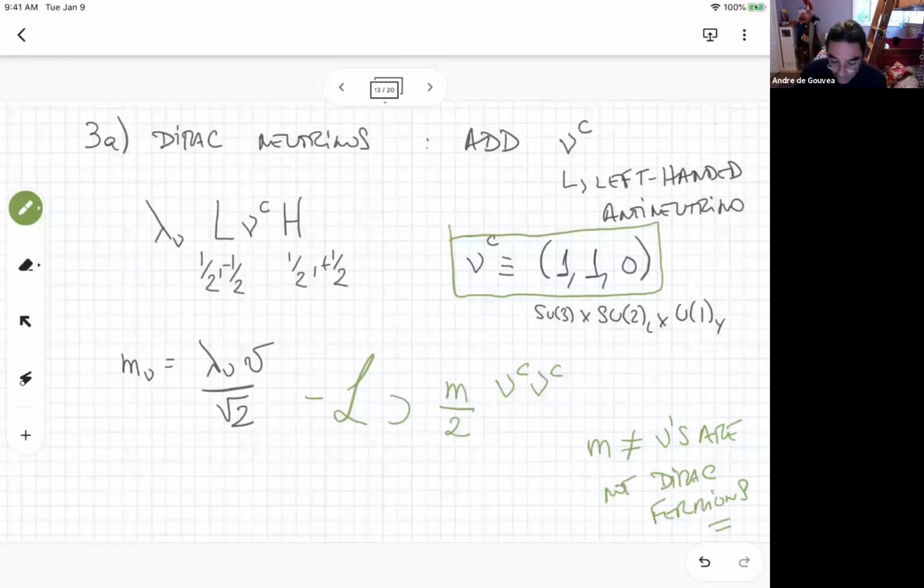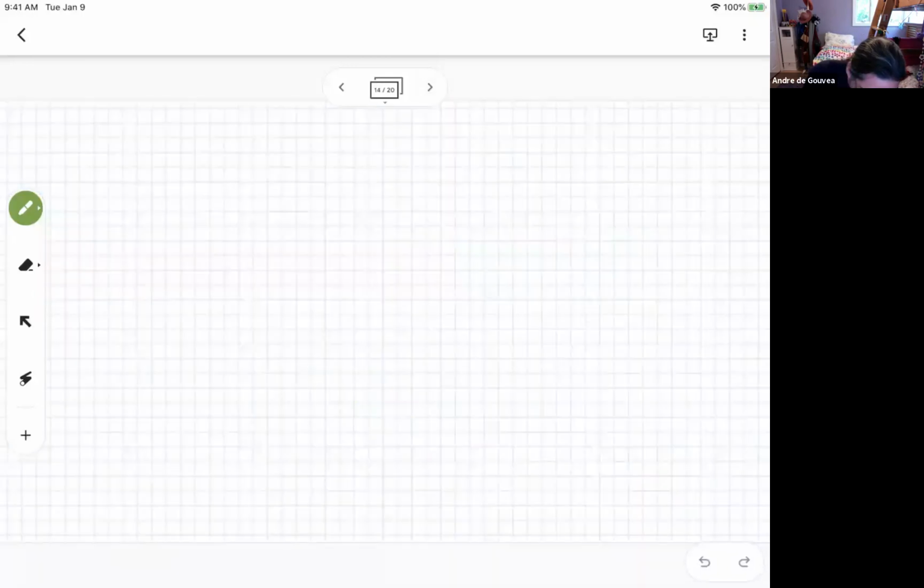Okay, so before I continue talking about this, I do want to remind you of something very important, which is the symmetry structure of the standard model Lagrangian.